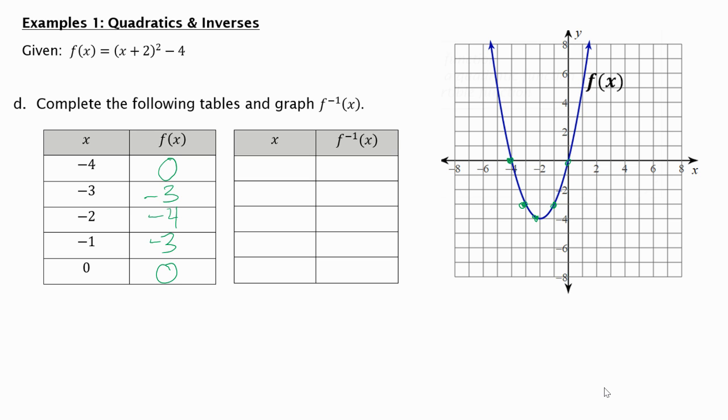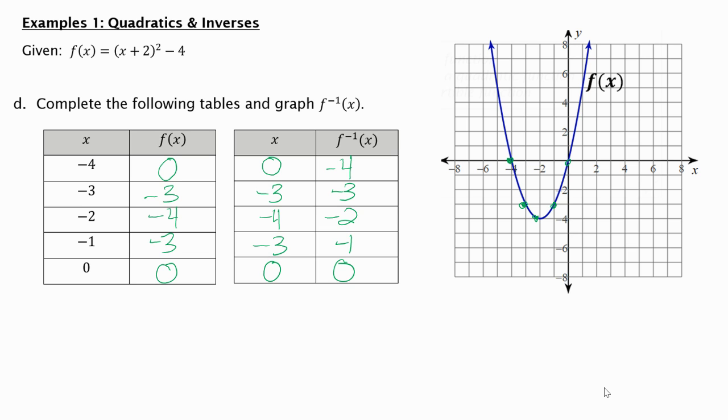When we do the inverse, we're really taking those x and y values and just flipping them around. So if one of them has the point (-4, 0), the inverse would have the point (0, -4), then (-3, -3), (-4, -2), (-3, -1), and then (0, 0).